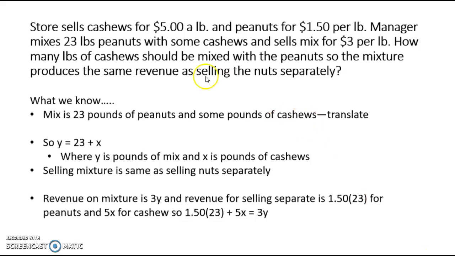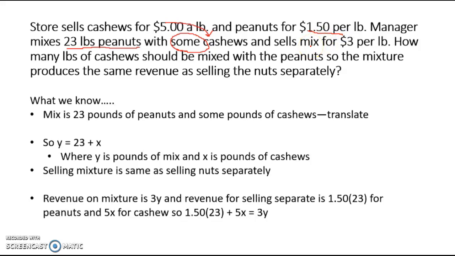So there are 23 pounds of peanuts. There are some cashews. In algebra, that tells us something. The cashews sell for $5 a pound. The peanuts sell for $1.50 a pound.